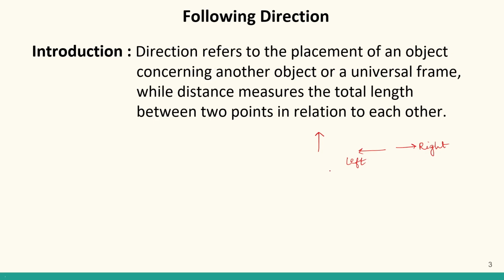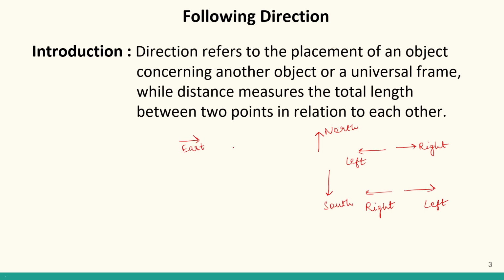Simple. If we are facing south, then it will change. If we are facing south, then this will be your left and this will be your right. So this is for north, this is for south. What if you're facing east?